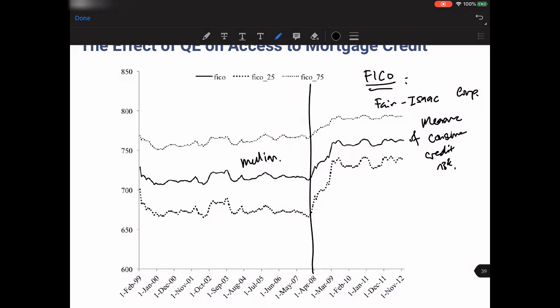The lightly dotted line above is the 75th percentile, and the dark dotted line is the 25th percentile. So basically we see a shift in the entire distribution upward for FICO scores.